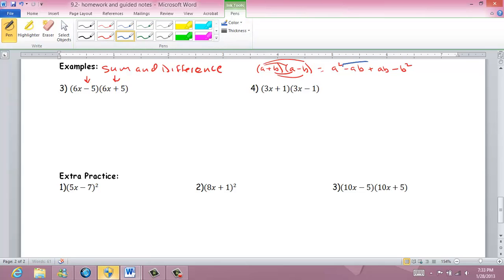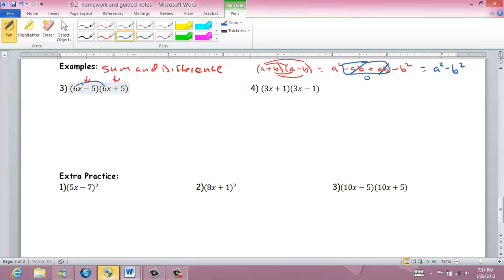A special property about these sum and difference problems is when you go to combine like terms in the middle, you'll always have one positive term and one negative term, and when you combine those, they add up to 0, which means these basically eliminate each other, and I would be left with a squared minus b squared. So even if I come over here, notice again, first and last terms are the same, but one is subtraction, one's addition.